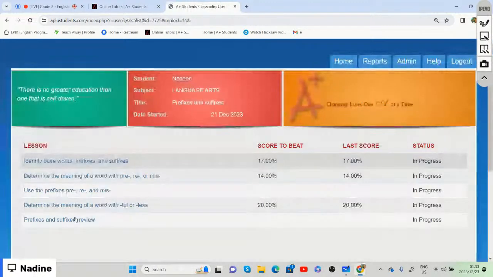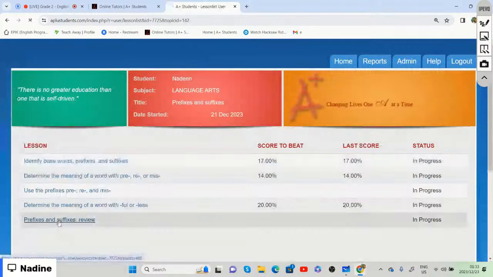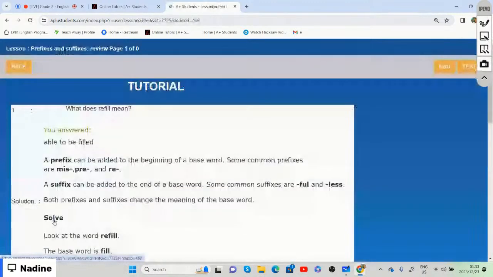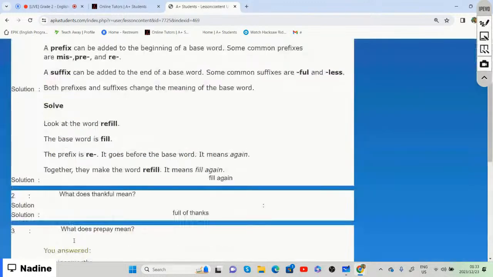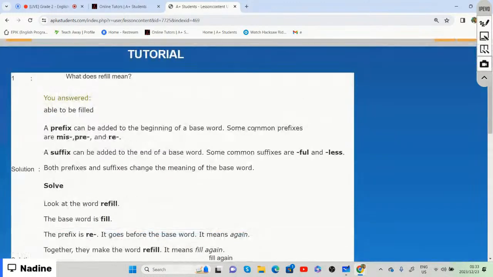All right, so now we're going on to do a review on the prefixes as well as suffixes. Once again, a prefix can be added to the beginning of a base word.